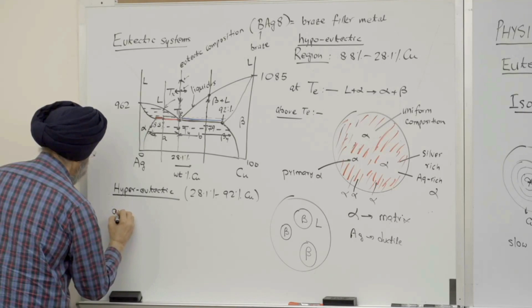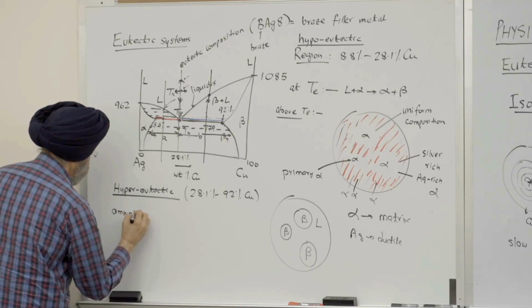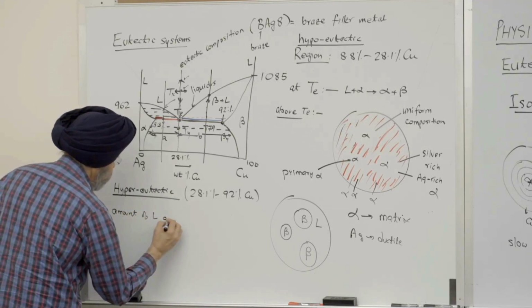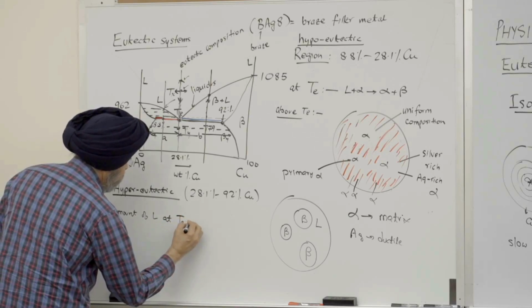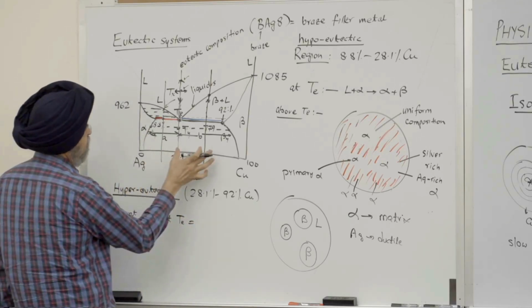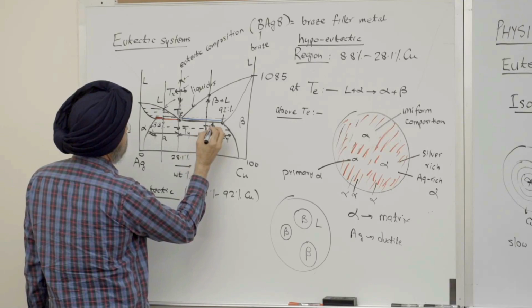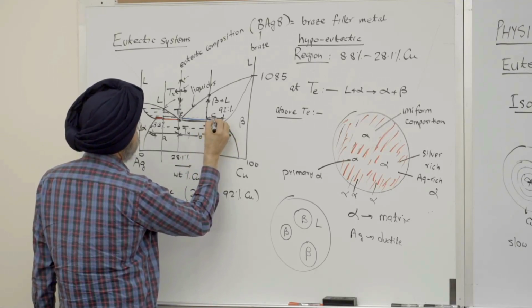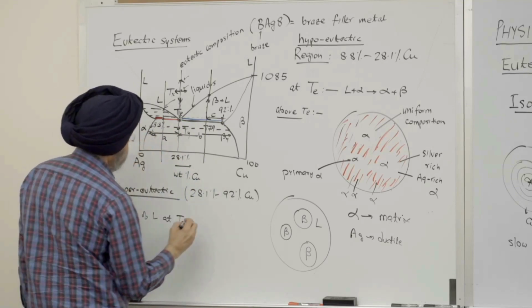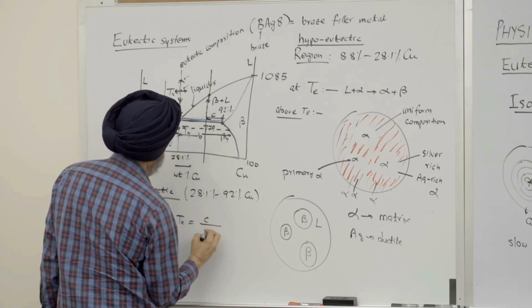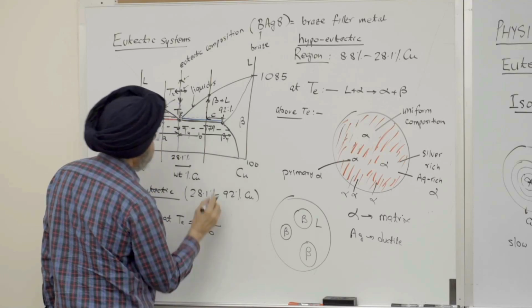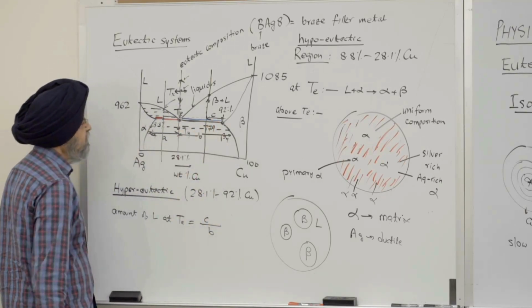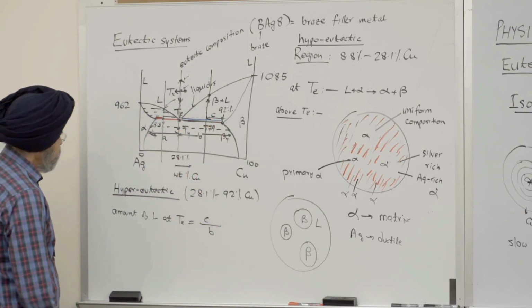So the amount of liquid at the eutectic temperature is equal to this dimension, this value, let's call it C, over B. So this is C and that's B. So that's the amount of liquid.